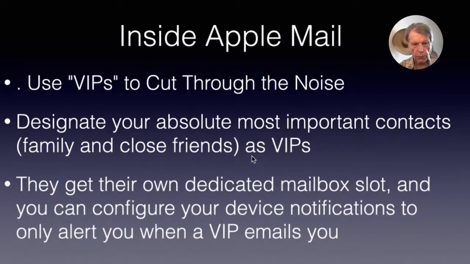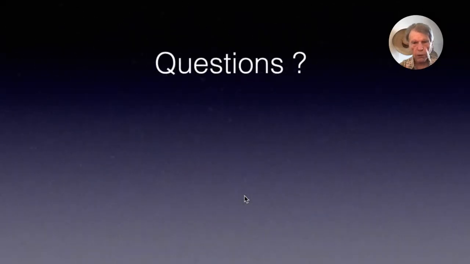And so they get their own dedicated mailbox, so you can check your VIP mailbox, and then you can also set up notifications so that you only get notified when you get a VIP mail and not another one. So that brings us to questions.